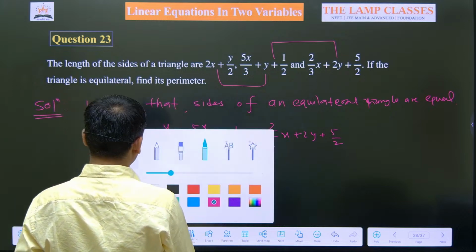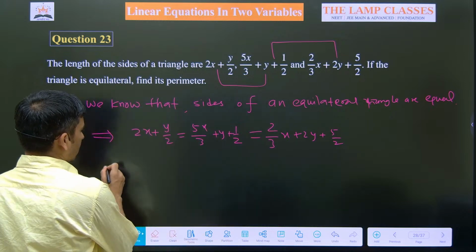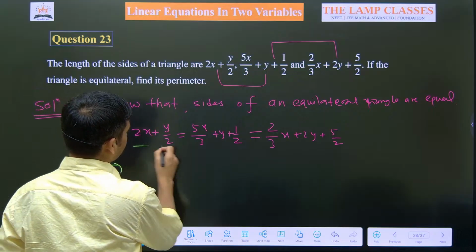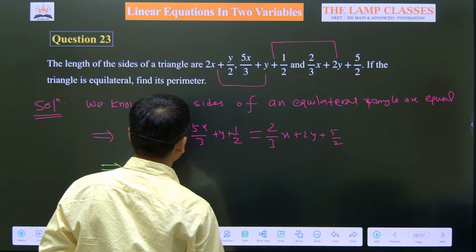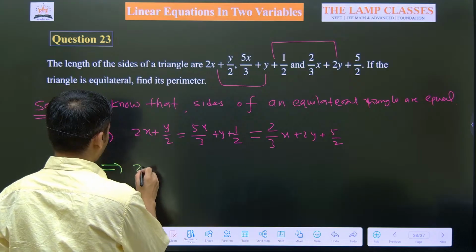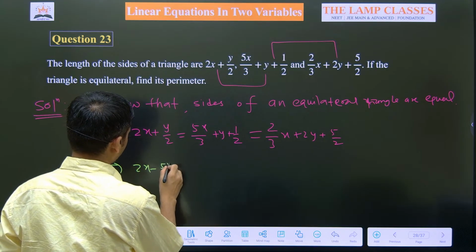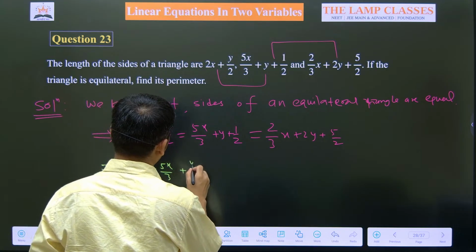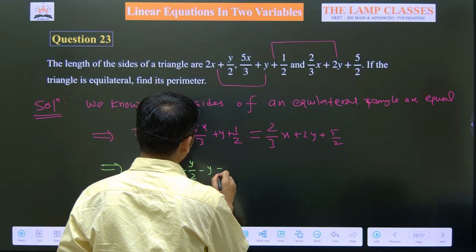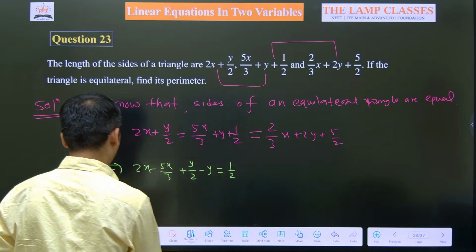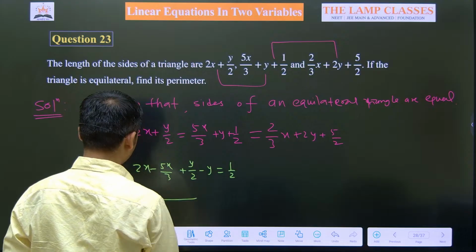Yeah, that's right, Dhanvin. For the previous question, you have got it right. So now we can just equate this and this, get another equation, guys. Now, 2x minus 5x upon 3 plus y upon 2 minus y is equal to 1 upon 2. Let's simplify that. Take the LCM.